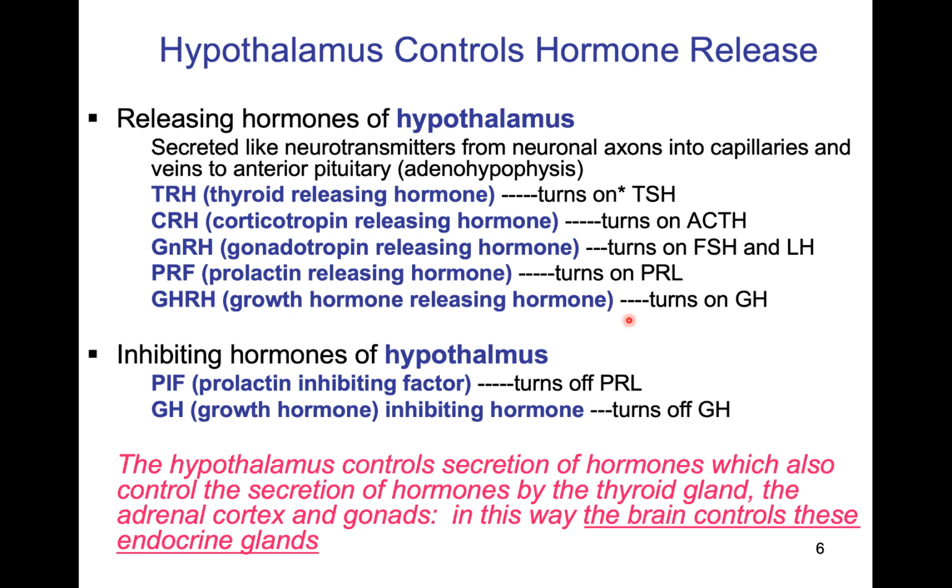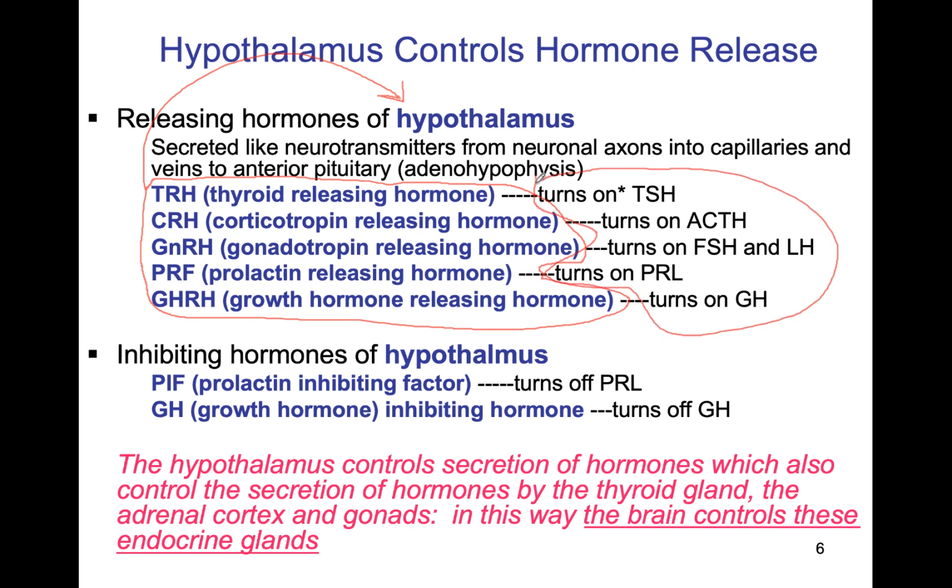So if you want to bubble these up together, I will show you how I will do it. Circle these ones. These ones are all from the hypothalamus. These ones are from the pituitary gland.